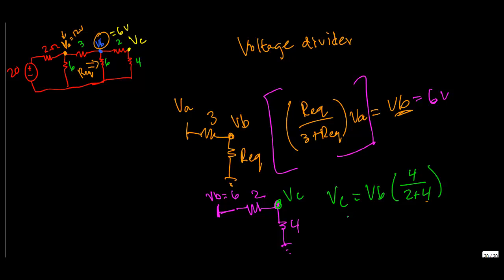So VC is equal to 6 volts times 4 over 6. Like we said before, the 6 is canceled, so VC is equal to 4 volts, and that matches exactly what we got on LTSpice.